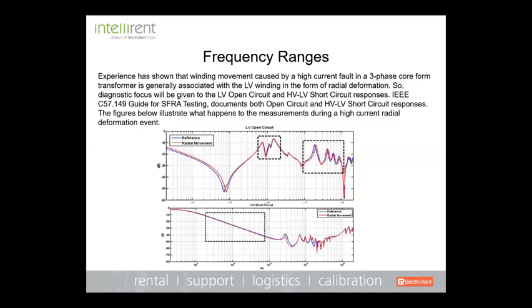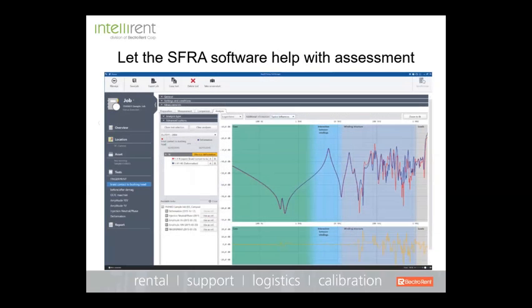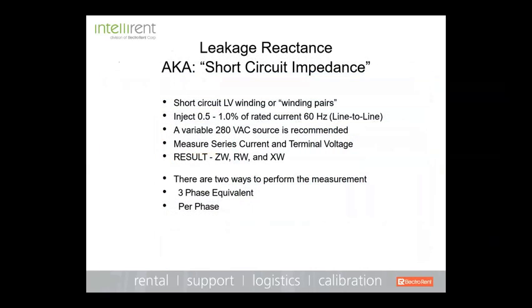And again, this is all highlighted in the guide for SFRA testing. So you get some really good information in terms of where the potential damage might be located. And again, the software that's associated with this equipment will give you good information in terms of whether you have a failed test or a passing test when you compare the traces from the original.